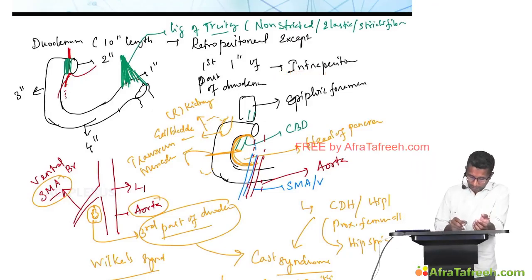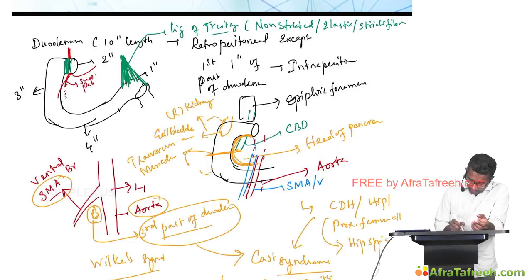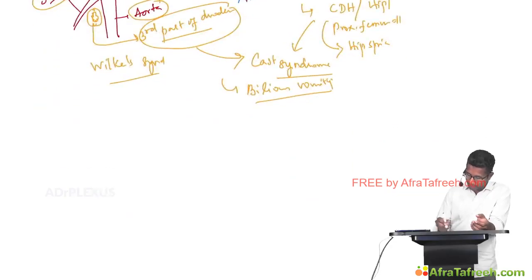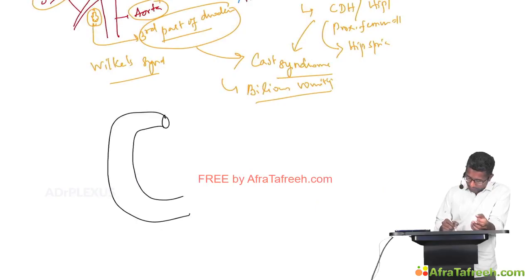This artery is called the superior pancreatico-duodenal artery. I will draw a diagram here so that you can understand easily. This is the duodenum. The duodenum has a supply from the gastroduodenal artery.